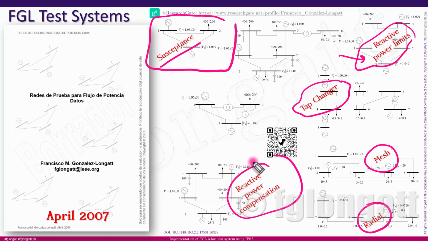In summary, each one of those test networks has a very unique feature that allows you to demonstrate one of the possible aspects to analyze or to model inside the power flow analysis. Initially, I solved all those networks by hand, using manual calculations.